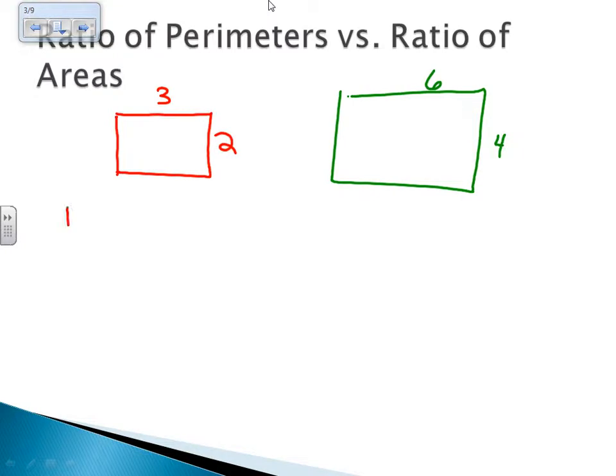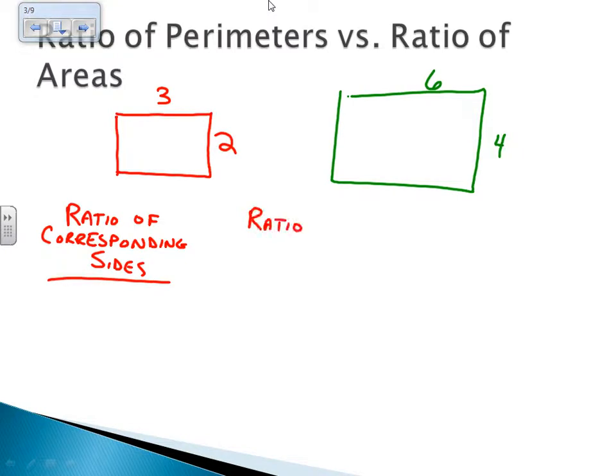So we're going to set three ratios up for this section. The first one we want to do is the ratio of corresponding sides. The next one is going to be the ratio of the perimeters.